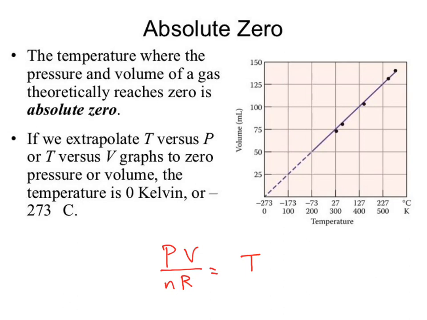What we get out of gases is that we have an absolute temperature. That absolute temperature minimizes at 0. That's why we have kelvins. Kelvins were invented from the gas law. So absolute 0, we can't achieve lower than 0.